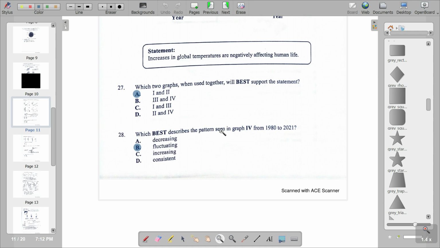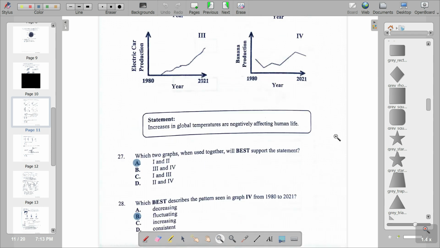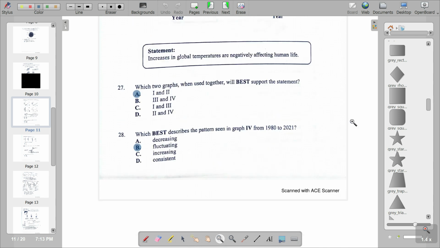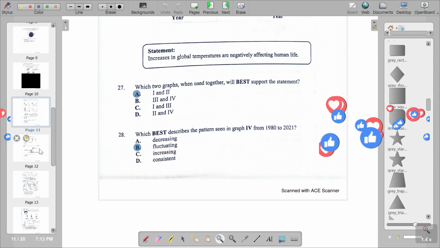Which best describes the pattern seen in graph 4 from 1980 to 2021? Decreasing, fluctuating. Graph 4 is banana production. It fluctuates, it's up and down, all over the place. That's why I chose fluctuating. All right, what would you choose? Let's move on.